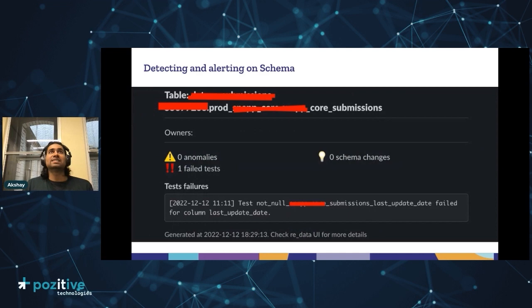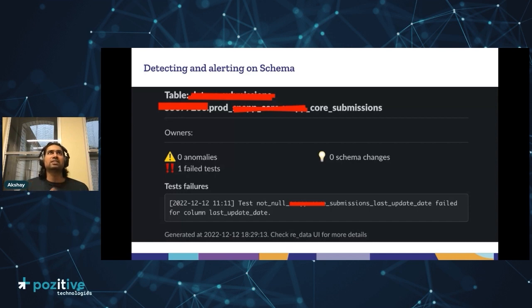This is another case where the schemas that we had agreed with our source systems had failed. Here, we captured whatever agreements we had with our source systems around the schema as a dbt test. In this case, we expected the last update date to never have null values, and we started to receive null values.